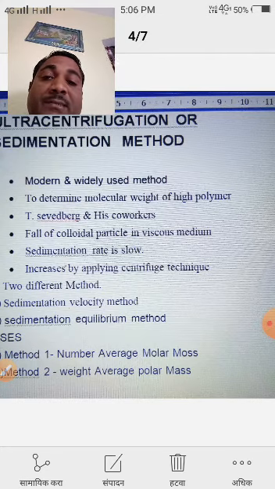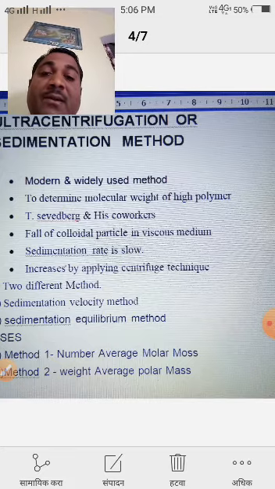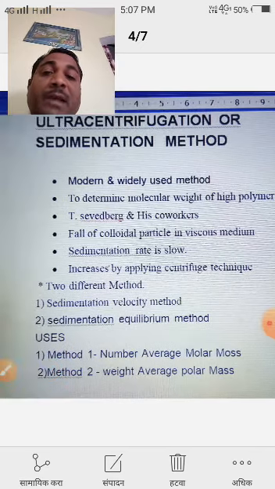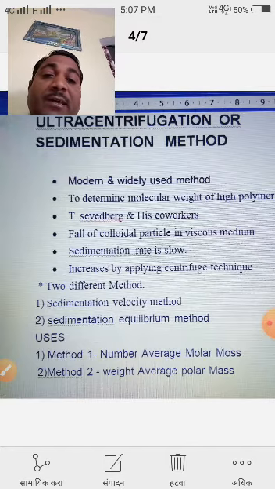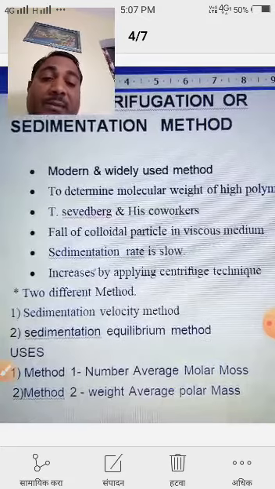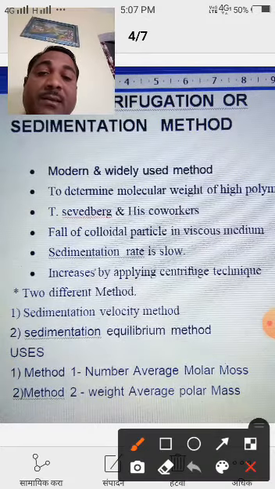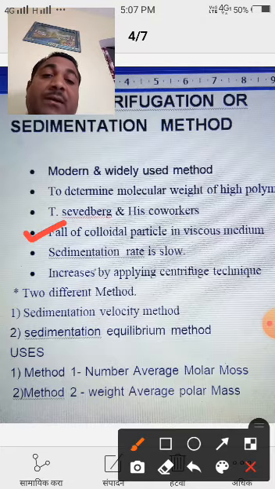T. Svedberg and his co-workers proposed this method, therefore it is also called the Svedberg method, and the equation applied to the sedimentation method is called the Svedberg equation.